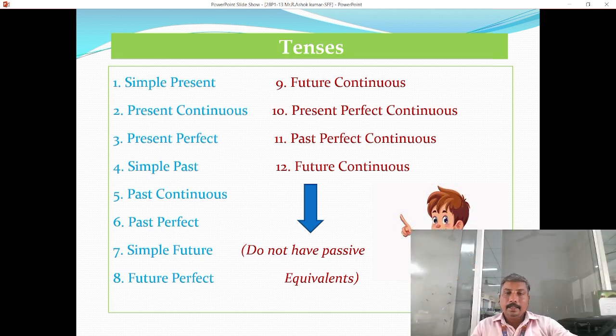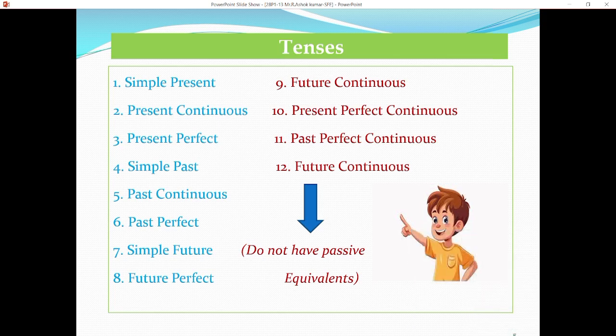The remaining 4 tenses, future continuous, present perfect continuous, past perfect continuous, and future perfect continuous, do not have a passive equivalent.